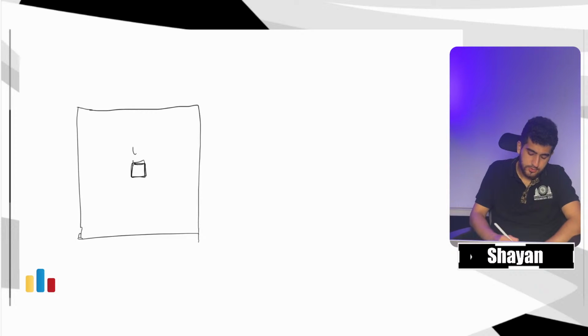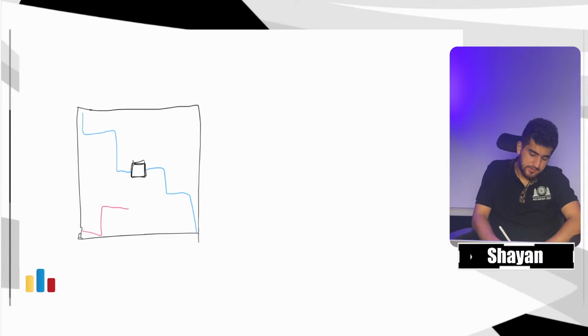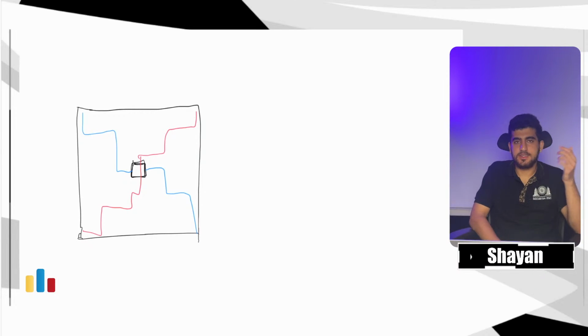The point is that these 2 paths, this blue path and this red path, one of them should pass over this intersection cell horizontally, and the other one should pass over this cell vertically. So I can just fix how the blue path is going to pass over this cell and how the red path is going to pass over this cell.